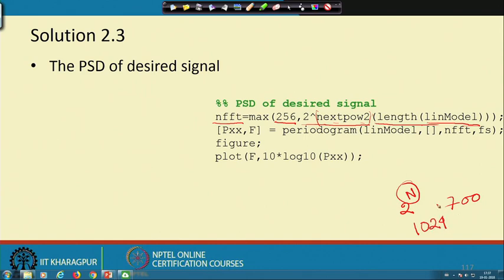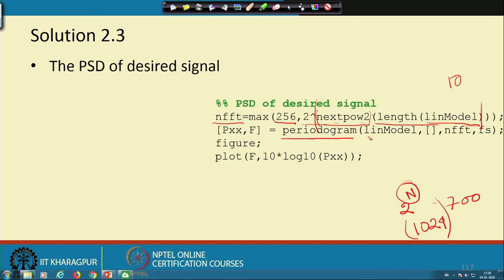Okay. So, we get that value here, 1024, and nextpow2 gives the value 10, and 2 to the power 10 is 1024. So, between 1024 and 256, the maximum value is 1024. We take that in the next line for creating the periodogram.